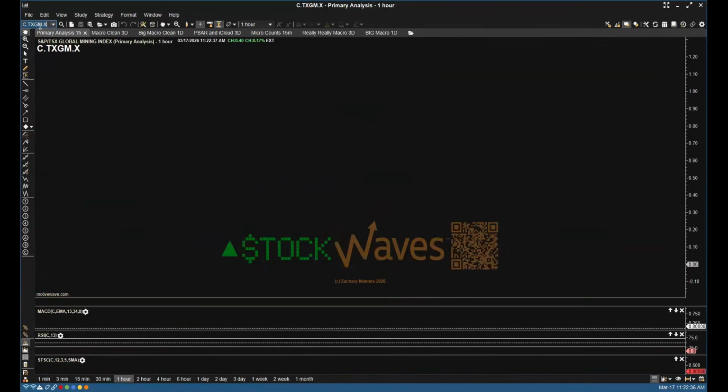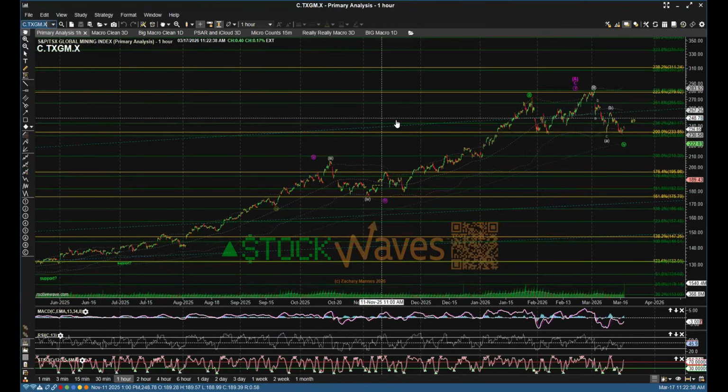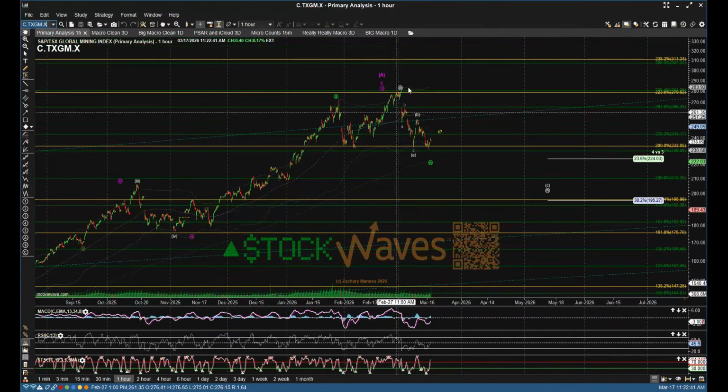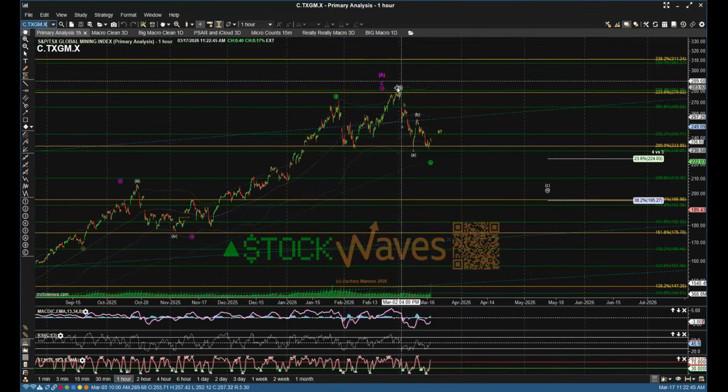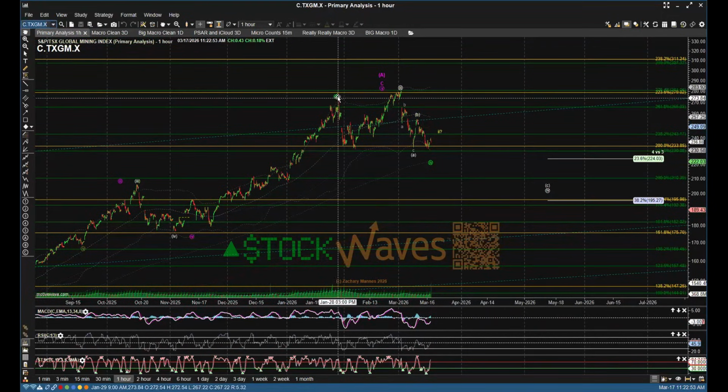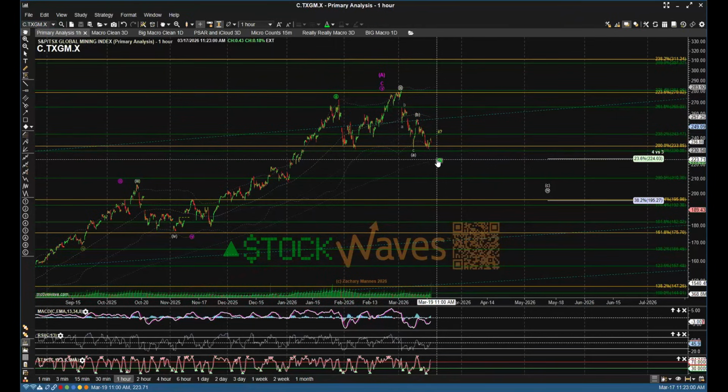Take a look at that before we move on to a couple of other charts. So TXGM fits with a number of the individual names where it really counts better that the higher high made at the beginning of March was a slight extension of the prior fifth of wave 3. So the more bullish alt here is that this is an expanded flat trying to complete.